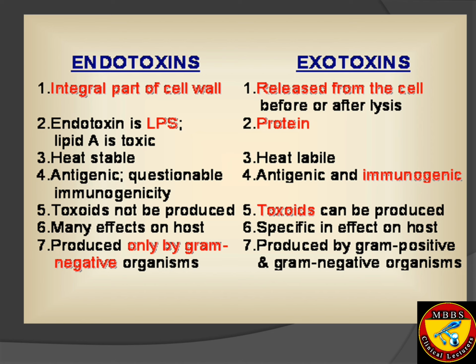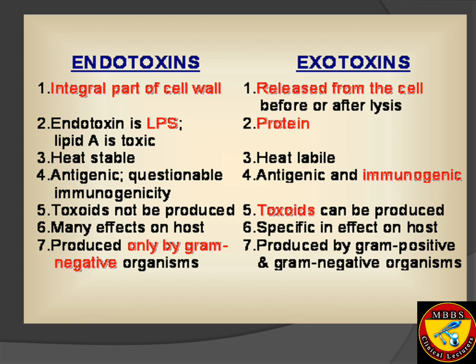While exotoxins are released from the cell before or after lysis, and they are protein in structure as opposed to lipopolysaccharide. These are heat labile, that means on heating, these toxins become ineffective, and they are antigenic and immunogenic in nature.